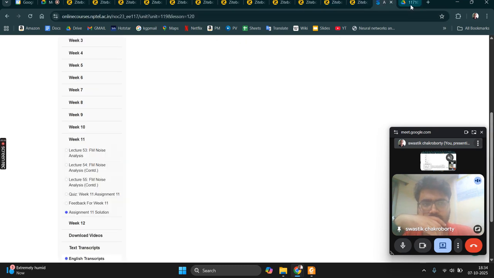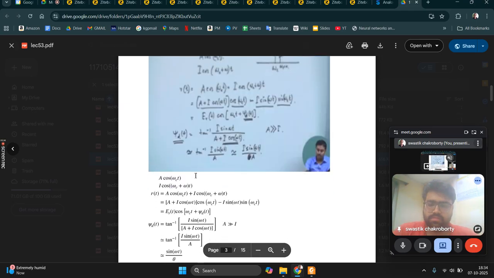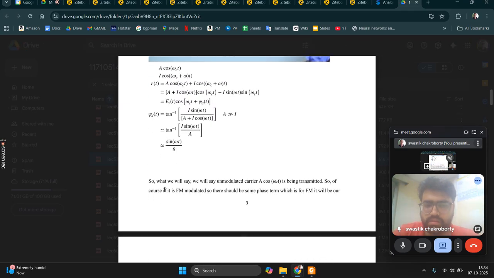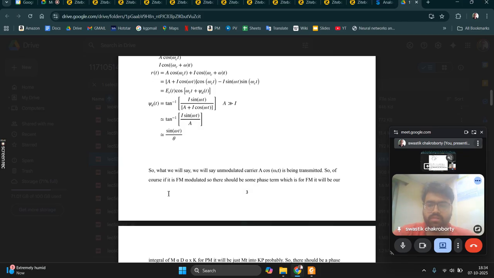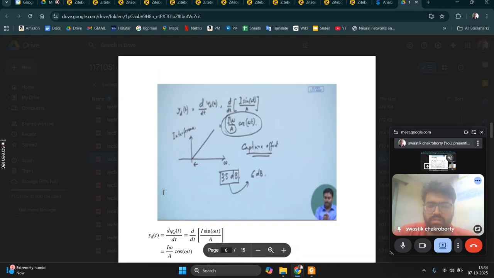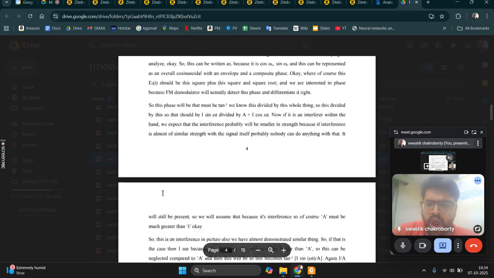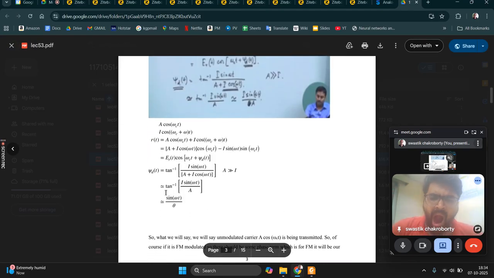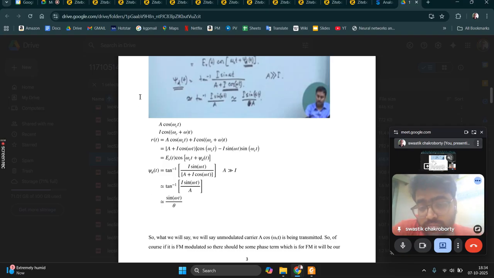Now if we simplify this, we can break down the cos (omega c plus omega) t term, and we get A plus I cos omega t into cos omega ct minus I sin omega t sin omega ct.